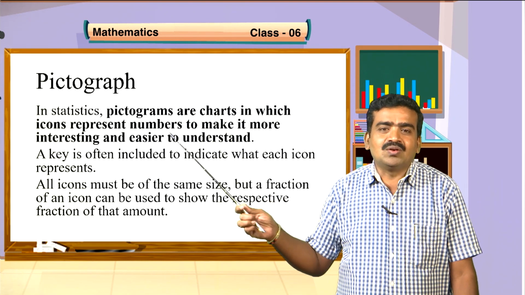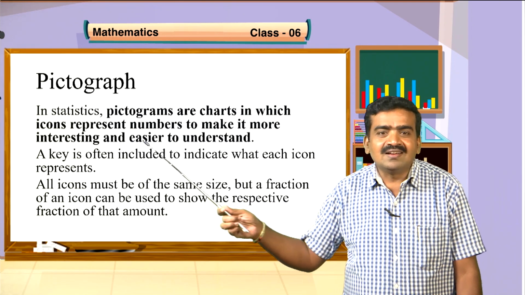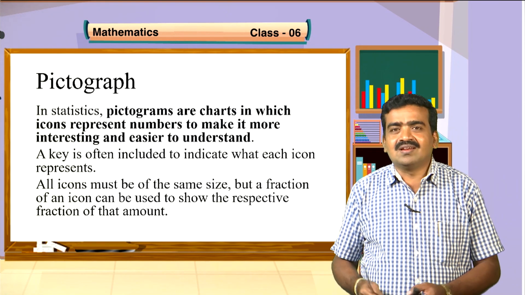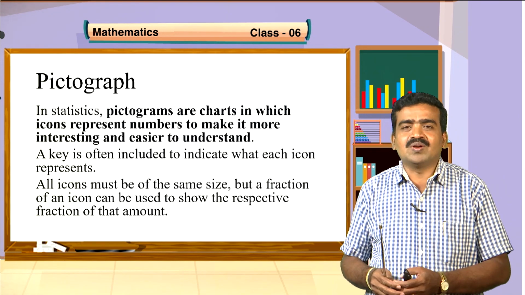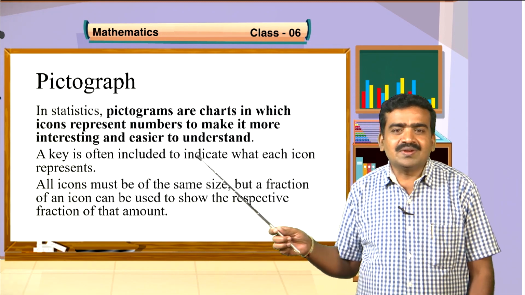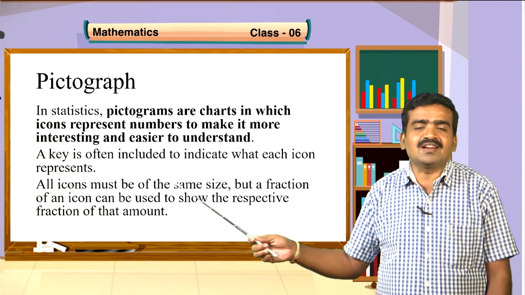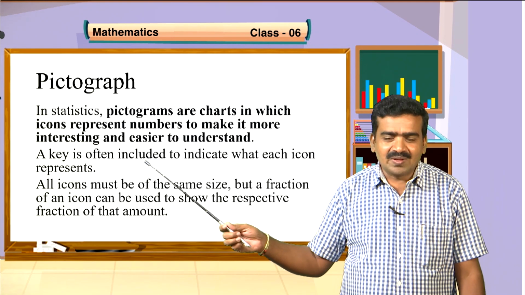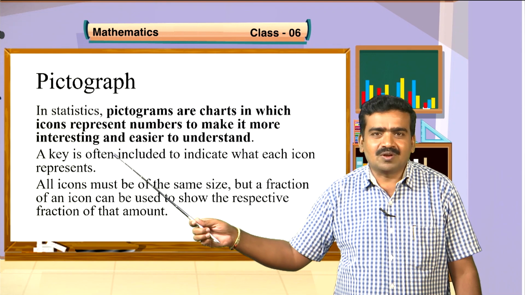Because it makes it more interesting and easier to understand. A large amount of data can be written in the simplest way by using pictures. A key is often included to indicate what each icon represents. We are going to use various symbols, and for that we are going to provide the key.